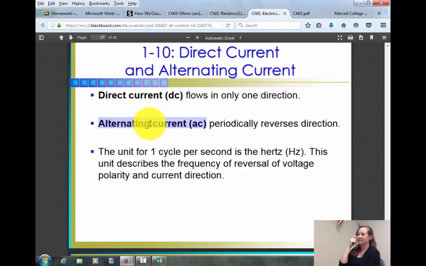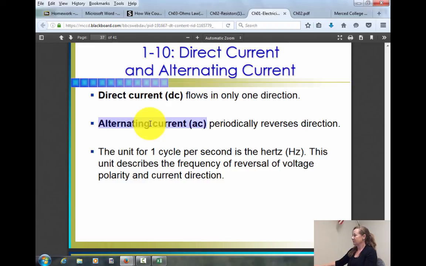Now, why would we want alternating current? It's easier to transmit longer distances, and it's more efficient. But because it's reversing directions, it is more dangerous. That's why with digital circuits, we just deal with direct current.